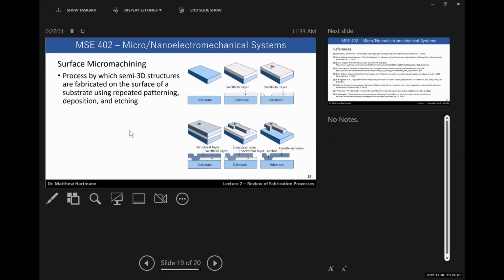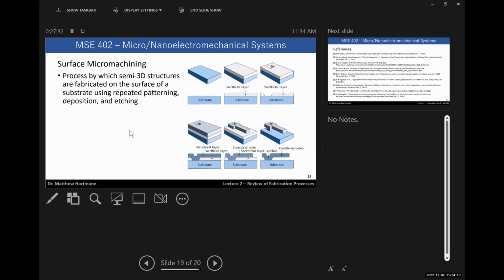So here we have another simple accelerometer, this one based on a cantilever beam, right? So you deposit some sort of sacrificial layer, pattern it. So here we're just simply cutting a hole out of this sacrificial layer in order to deposit a thin film on top. We pattern the thin film to get our cantilever structure, and then we remove the sacrificial layer, releasing the cantilever structure so that it can then deflect.